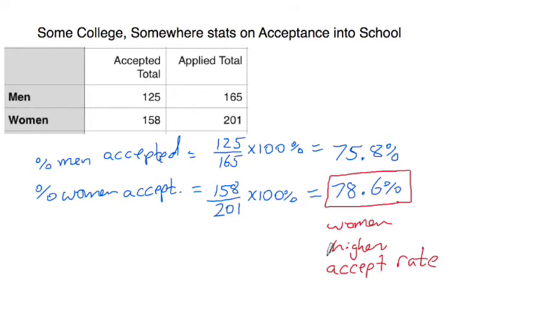Alright. The problem with this is it shoves the men and women into one category. If you split it apart into maybe the different programs or degrees, you might see something a little bit different.